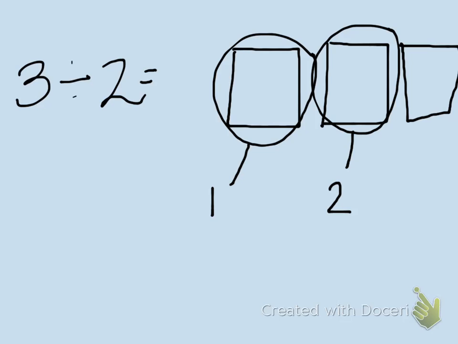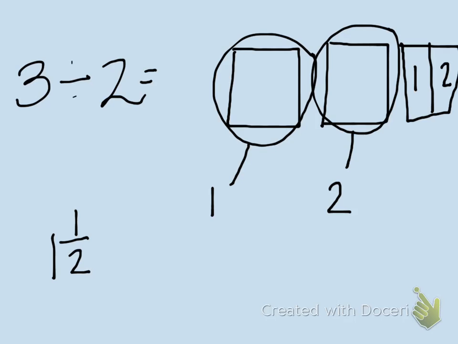So think to yourself, what would you need to split that cracker into in order for each person to get an equal amount? I'd have to split it in half. This part would go to person number 1, this part would go to person number 2. So if I put those together, person number 1 gets 1 whole and 1 half.